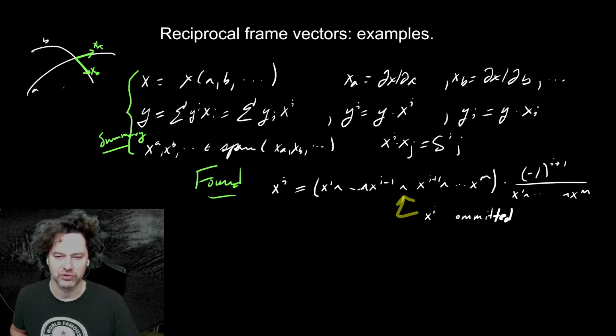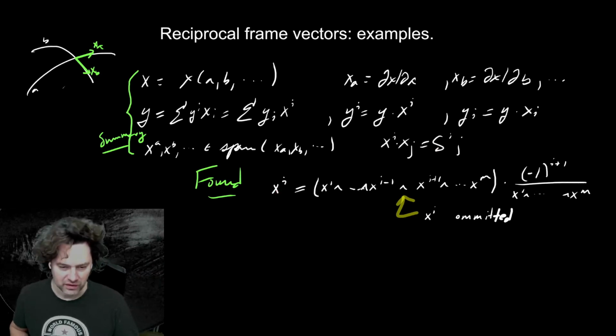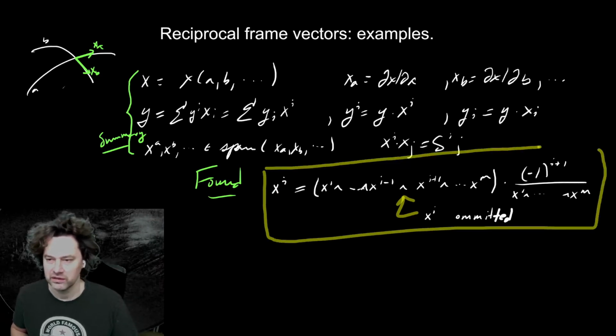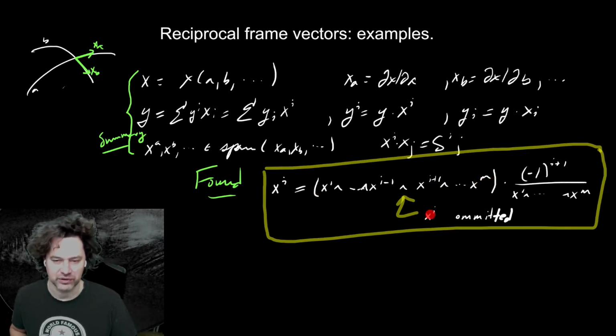And we found a geometric algebra form for the reciprocal frame vectors, where we take the wedge product of x_a, x_b, x_c, all the way to however many parameters we have, and then we take the wedge product of the same, leaving out the x_i that we're interested in, and then we dot those two together, changing the sign for each time we have to move down the line.